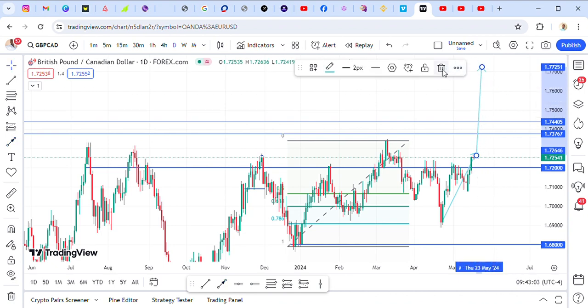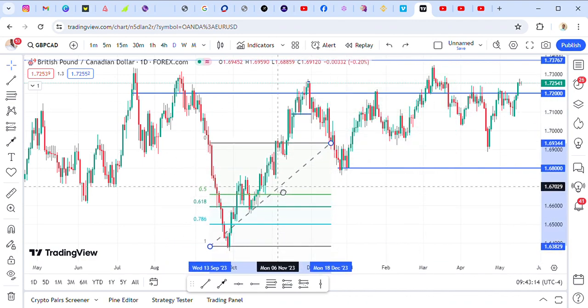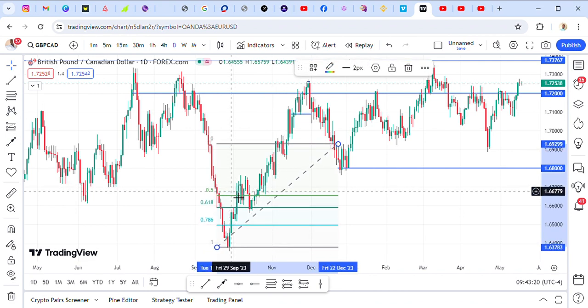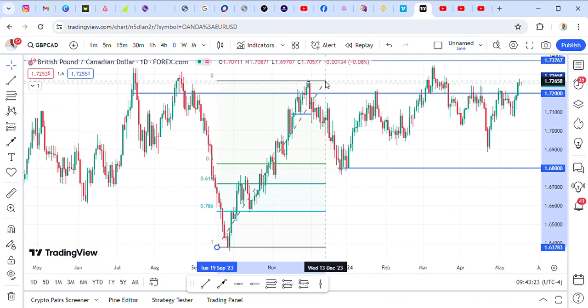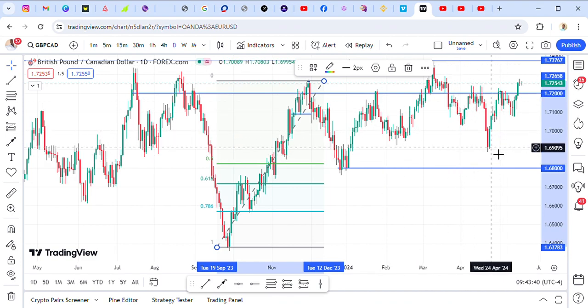I'm not in any trade on GBP CAD as I speak, but the analysis is to the upside, using the Fibonacci. If you look at this one too, from this very old low, September 2023, to this high that was formed in the GBP CAD market in November 2023, you can see that price retraced to the 50% of it, and then it went up, and now we are at the 78 Fibonacci zone, and it's rallying up.